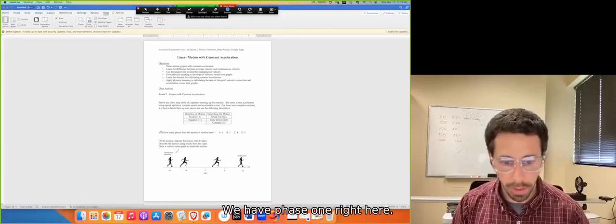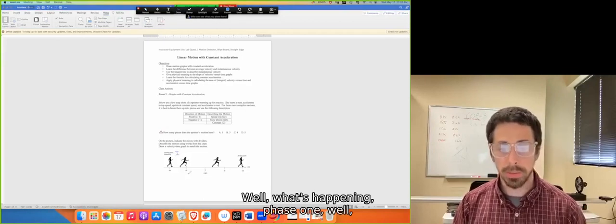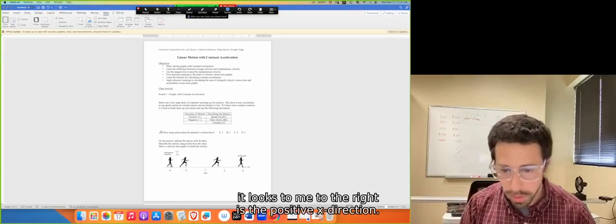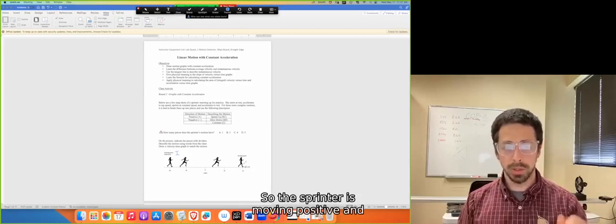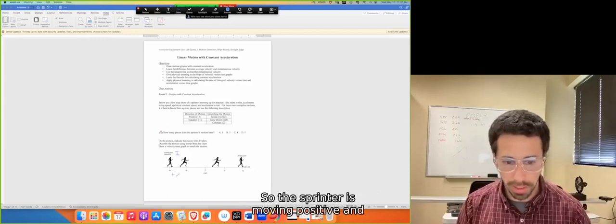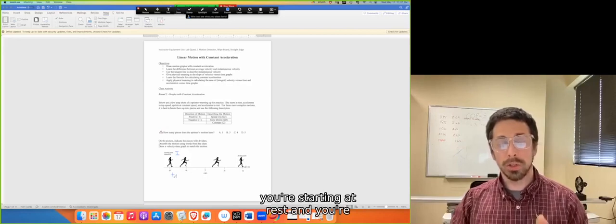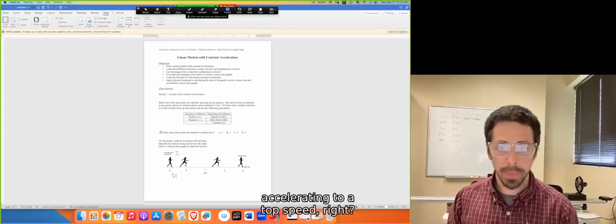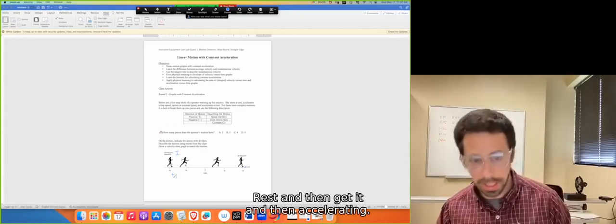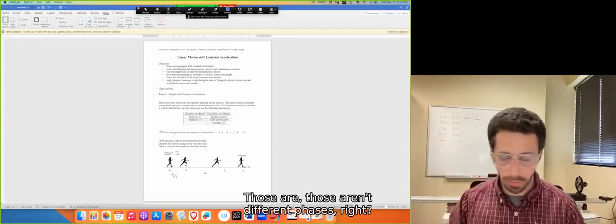Well, let's break it up. We have phase one right here, where what's happening in phase one? It looks to me like to the right is the positive x direction. So the sprinter is moving positive, starting at rest and accelerating to a top speed, right? Rest and then accelerating, those aren't different phases.